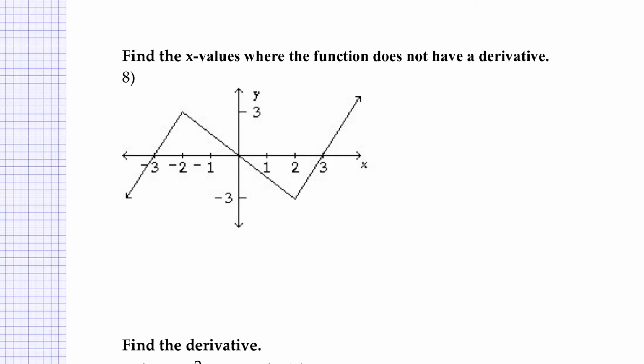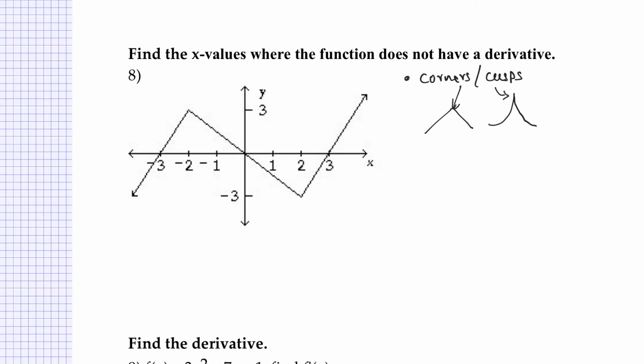The derivative of a function fails to exist if the graph of a function has corners or cusps, as shown here, and also fails to exist if the graph of a function has a vertical tangent line, and also if a graph has a point of discontinuity, such as the one shown here.